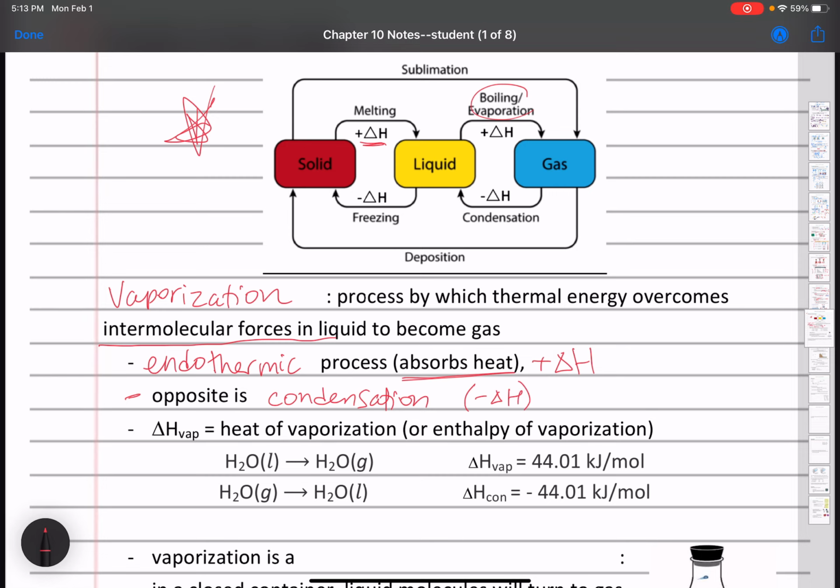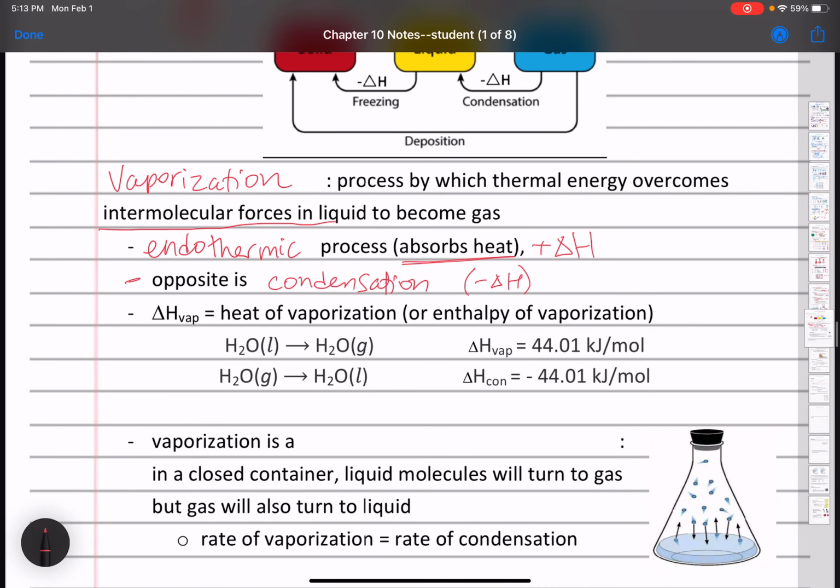So the enthalpy of a vaporization reaction, we just call it the heat of vaporization or the enthalpy of vaporization. It's a physical change, but we can still write a chemical equation indicating liquid water going to gaseous water.